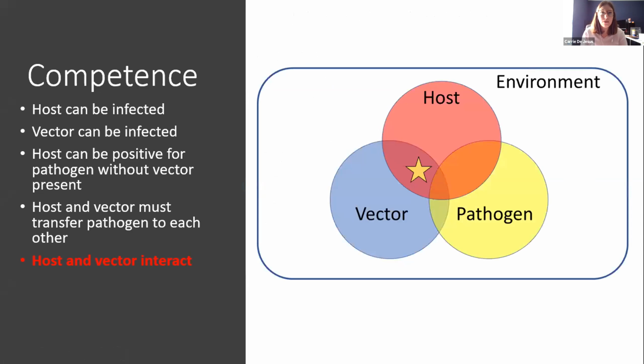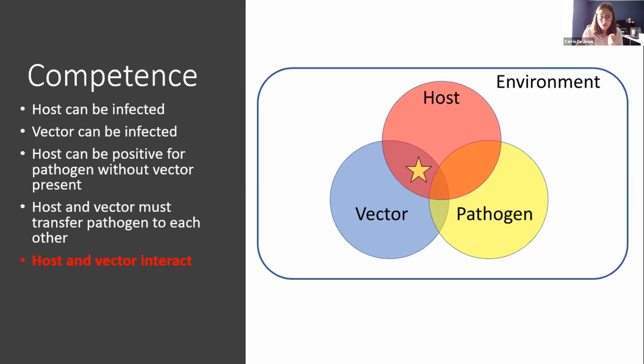So when we're thinking about vector-borne disease and host relationships, we want to talk about pathogen competence. You need a couple of different factors for a pathogen to persist in the environment in its host species and a vector species. We need to know that the host can be infected with the bacterium. We need to know that the vector, in this case a tick species, can be infected with that same bacteria.